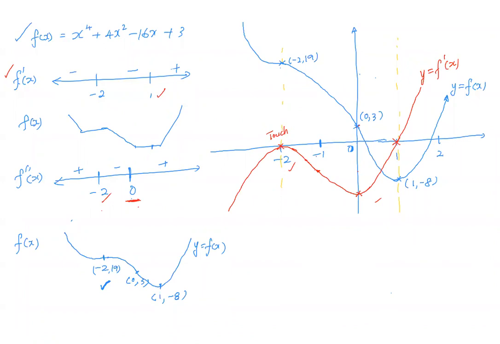Your f double prime x is quadratic, correct? Your f prime x is going up, which means your f double prime x is positive. So you start from here, positive, cut here, symmetrical, go here, then go up there. So this is your y equal to f double prime.